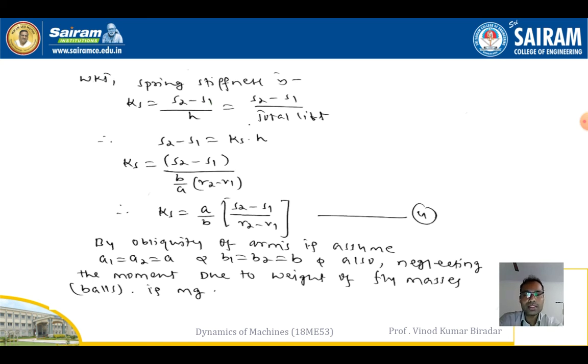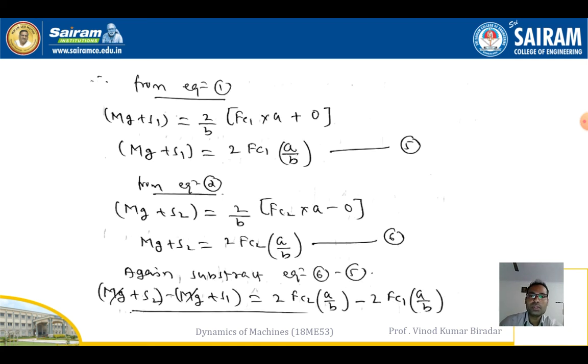For the Hartnell governor we make some assumptions, that the distance stays near the original position. Hence we assume a1 and a2 are equal to a, b1 and b2 are equal to b, and also neglect the moment due to the weight of the fly masses. Substituting these values in equation number 1, we get mg plus s1 is equal to 2 by b times fc1 into a, with the moment considered as 0.